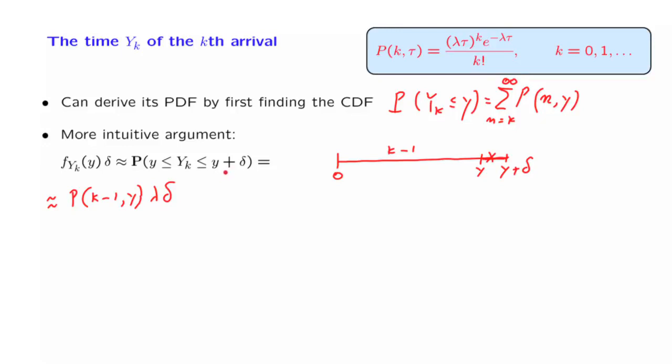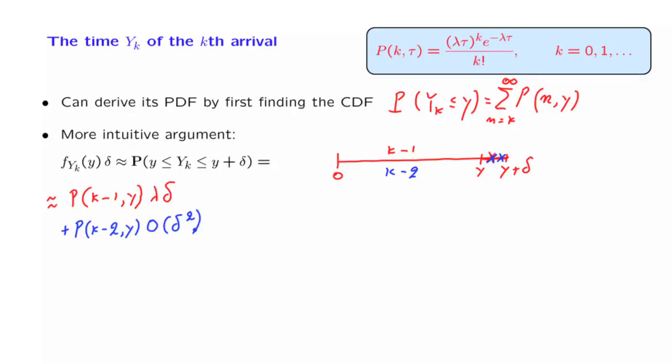However, this is not the only way that we can get the kth arrival in this interval. There's an alternative scenario. We might have had k minus 2 arrivals during this interval and then 2 arrivals during that little interval. In this case, the kth arrival again occurs within that little interval. So we need to also calculate the probability of this scenario. It is the probability of k minus 2 arrivals in an interval of length y times the probability of 2 arrivals, but the probability of 2 arrivals is of order delta squared.